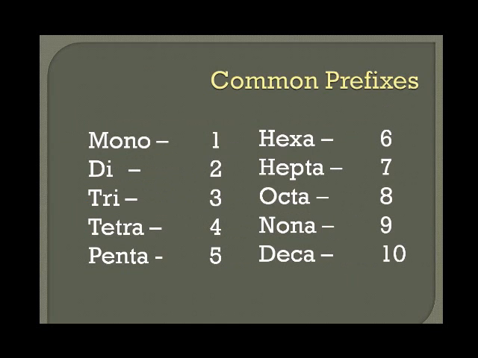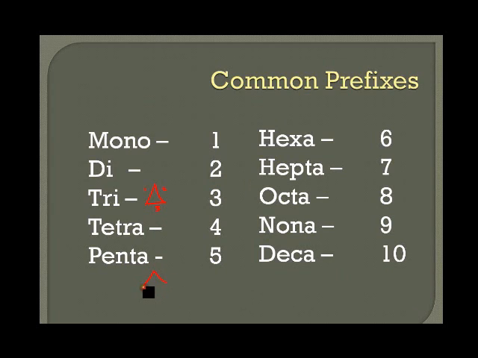So our common prefixes are mono, di, tri, tetra, penta, hexa, hepta, octa, nona, deca. If we think about it, a triangle has 1, 2, 3 sides, so the prefix tri means 3.